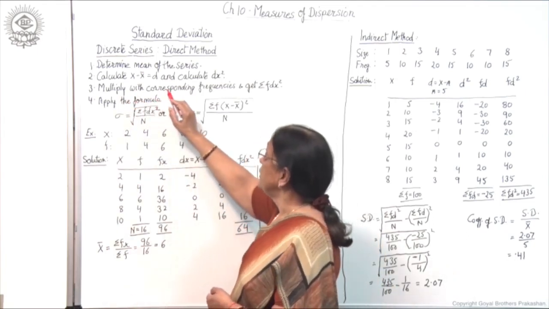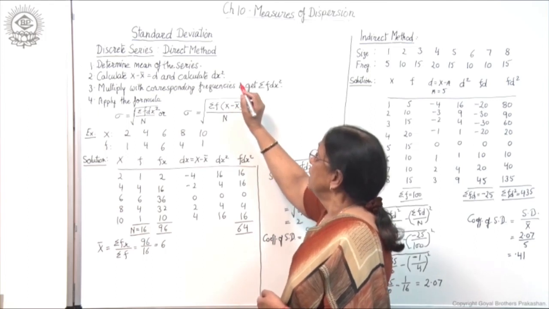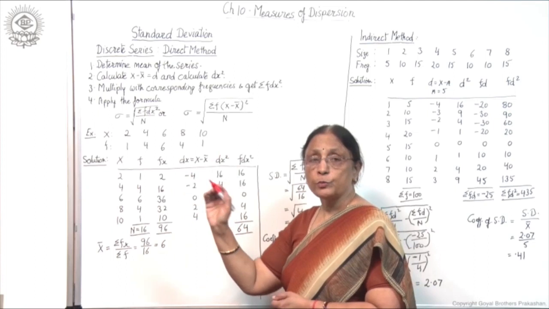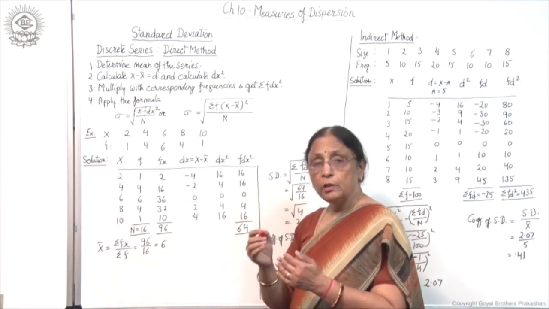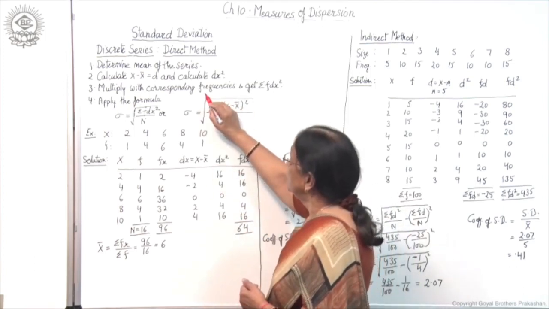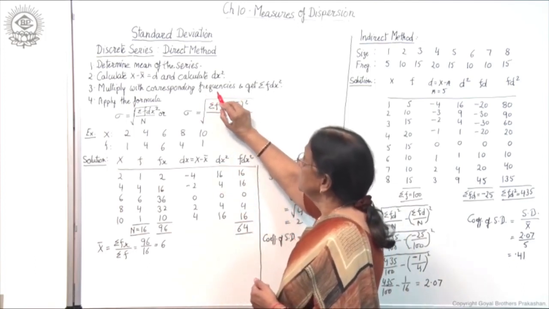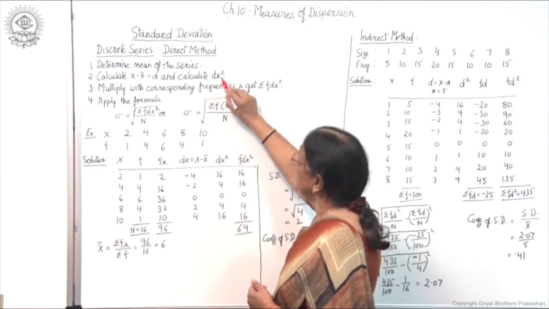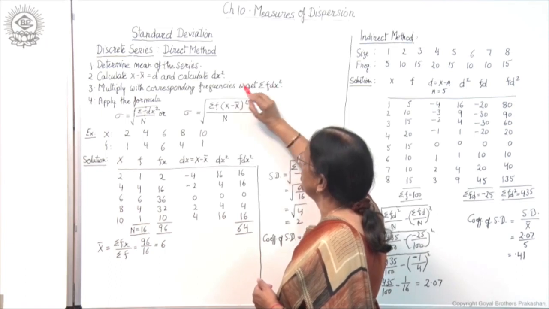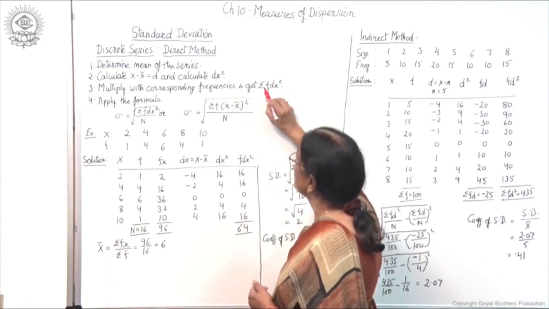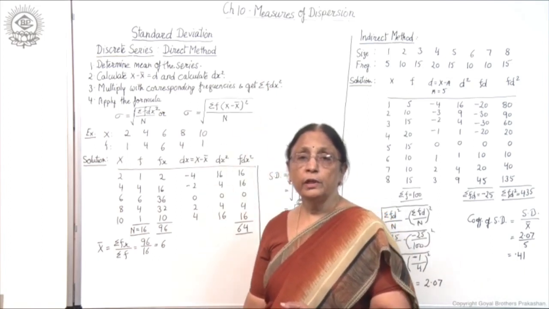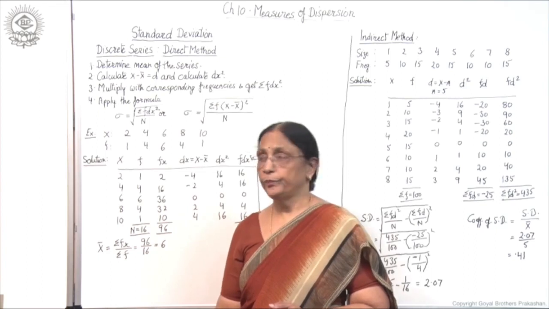Third is multiply with corresponding frequencies. This dx square you will multiply each figure with the corresponding frequency. Corresponding means whichever is given in front of it. So corresponding frequencies are used to multiply dx square and we get f dx square, because we have multiplied dx square with frequency. When you do the total of it, that will be sigma f dx square.